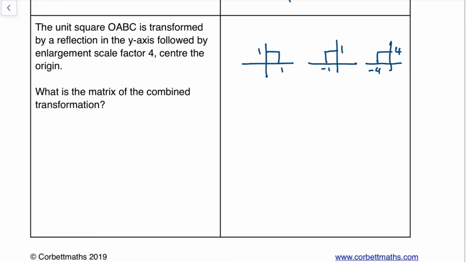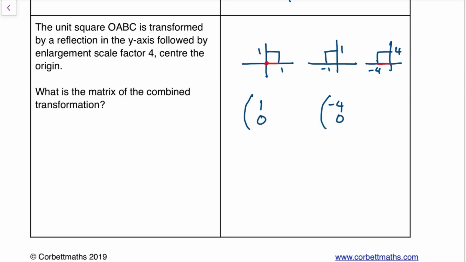Okay, easiest way of doing this question is I'm going to overlay here. So think about my original 1, 0. That becomes, and I'll draw in red the endpoint, that goes over to here because it reflects in the y-axis and gets 4 times bigger. In other words, that changes into minus 4, 0.